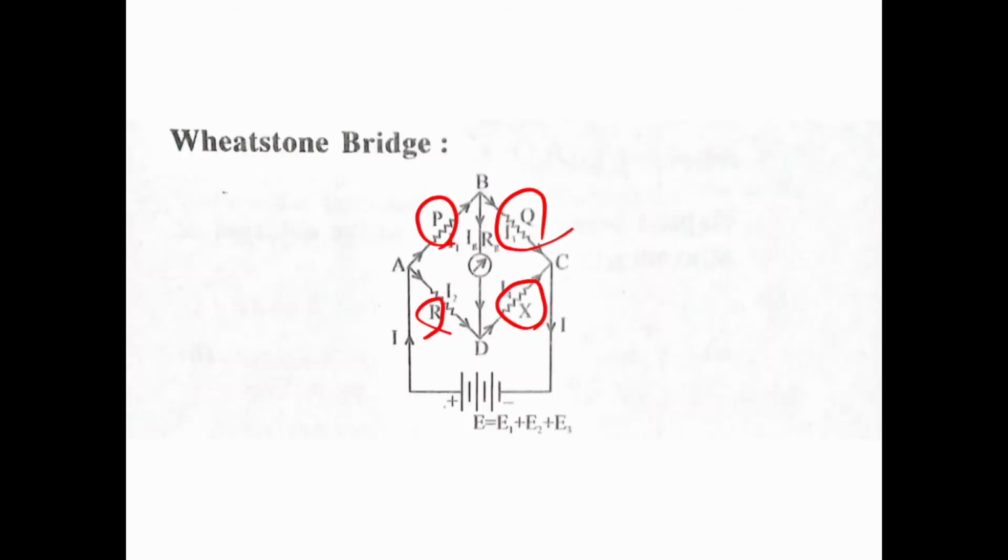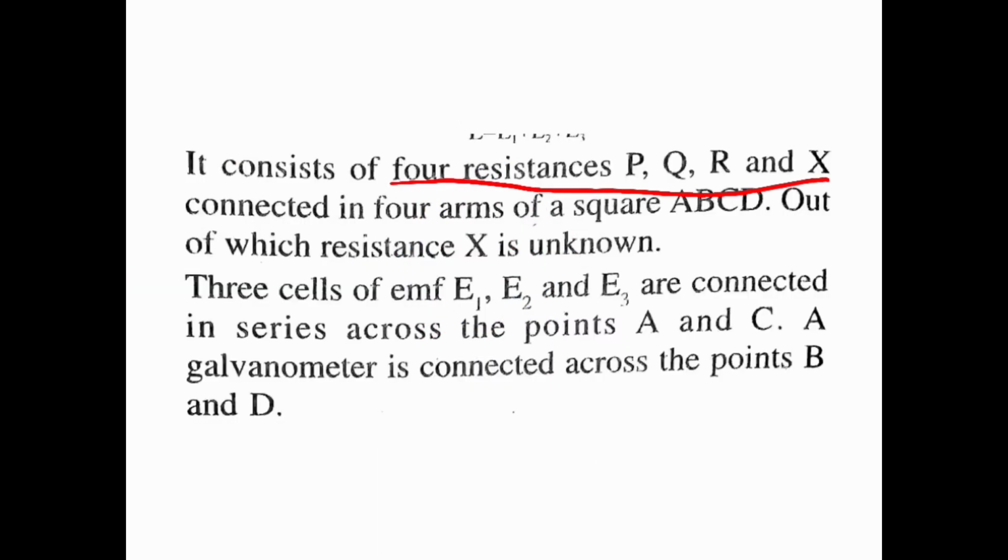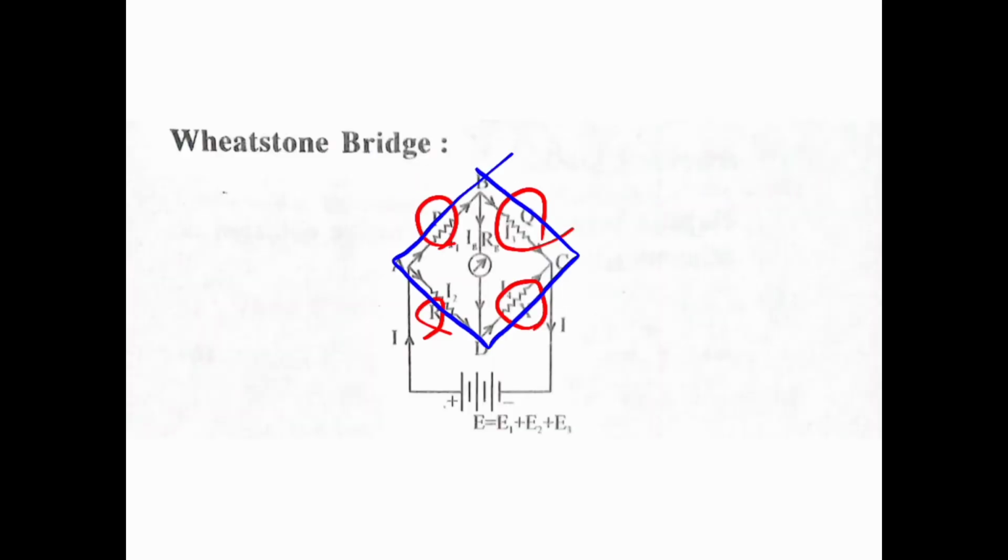Out of which resistance X is unknown. Here X is unknown. This is unknown to us.